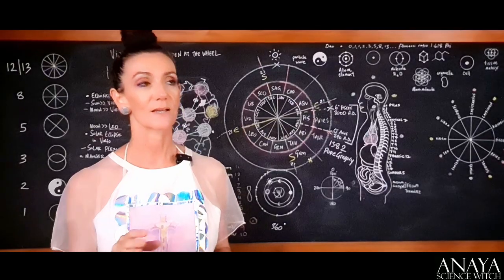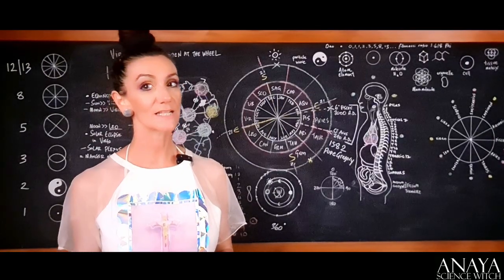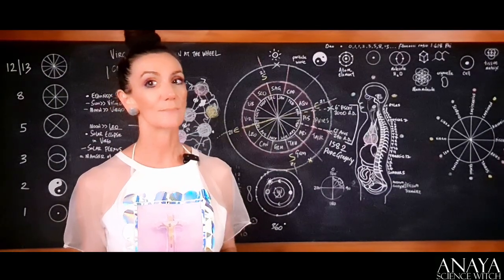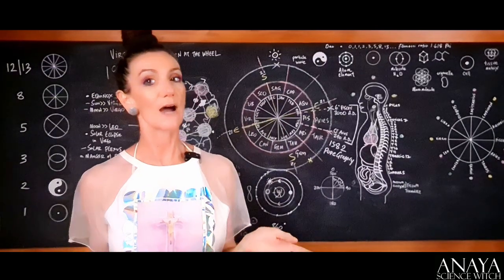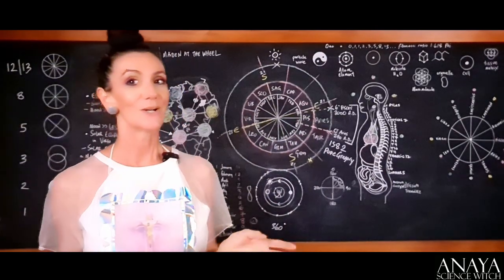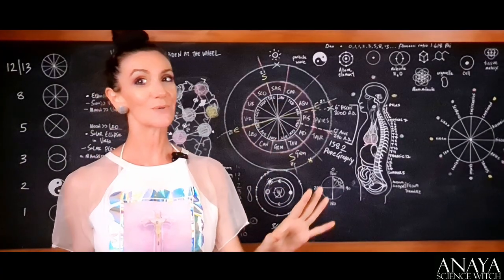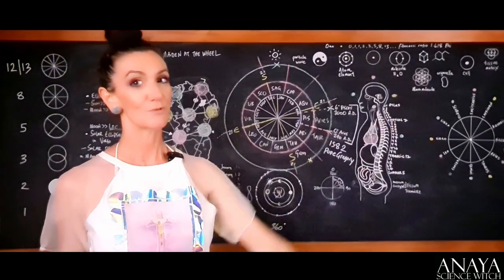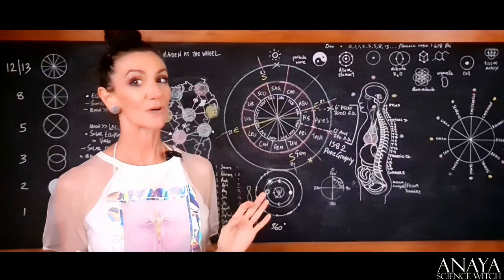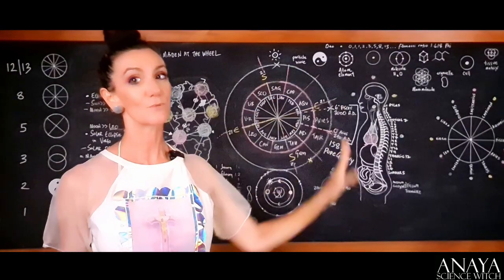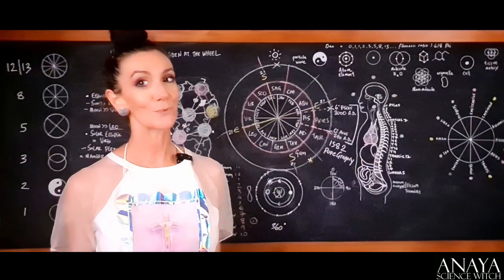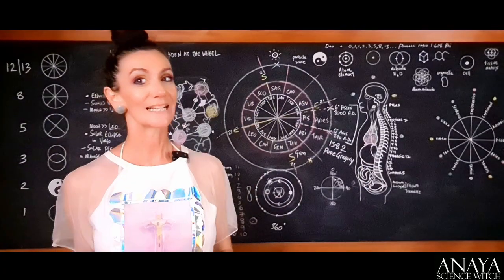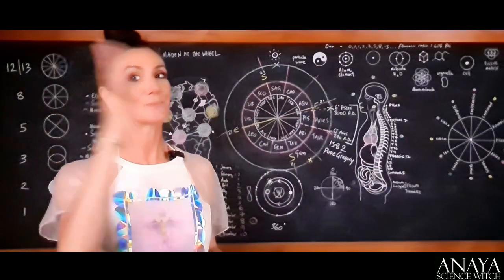I've been using a Vedic sidereal calendar, but there are all these different types of calendars that we have to know about so we can know the difference. We've got a sidereal calendar, which follows the movement of the stars, a solar calendar, which follows the movement of the sun, a lunar calendar, which follows the movement of the moon, and a solar lunar calendar, which follows the sun and the moon.